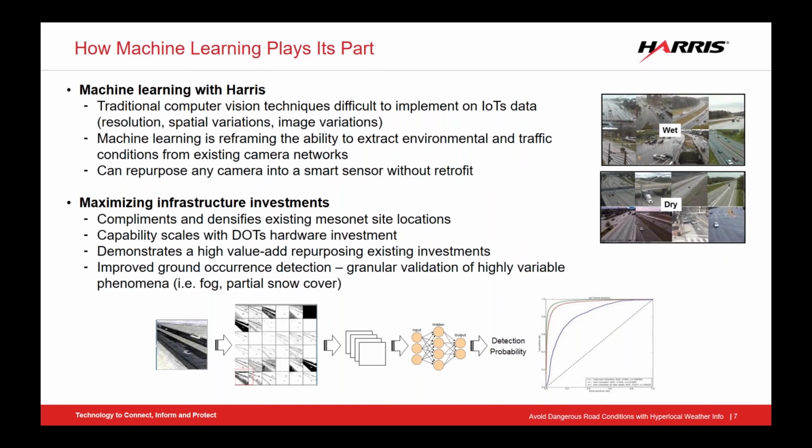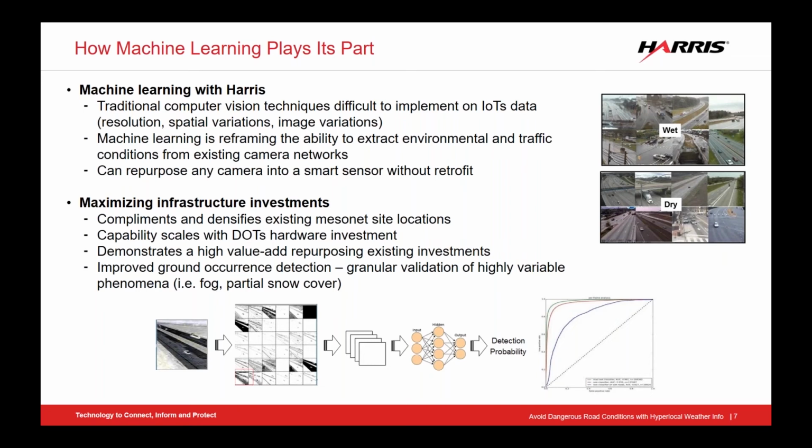Machine learning is reframing that whole picture, and now it has the ability to extract information, and particularly environmental and traffic conditions from existing terrestrial camera networks. And I can extend that out even into the drone sector because that same sort of camera model is similar to what we're doing with CCTV cameras.